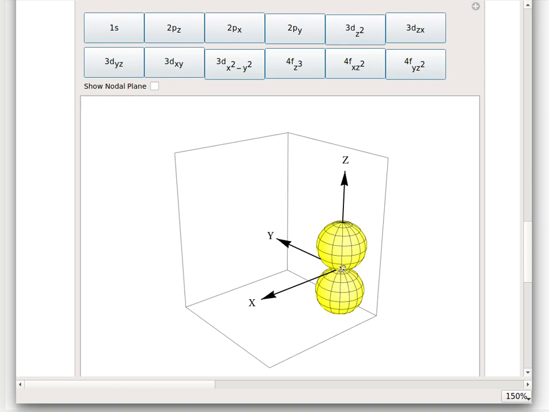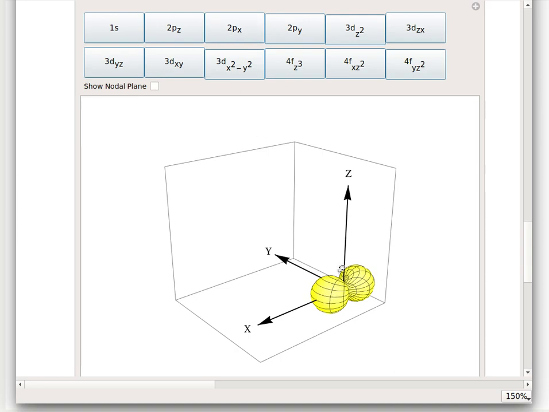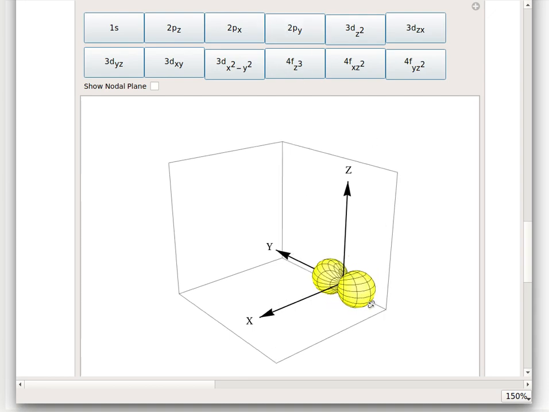So that would be kind of our 0, 0, 0 point on our Cartesian grid. And these lobes for the pz orbital are oriented such that the z-axis is pointing straight out the top of this little dumbbell shape. The px is oriented such that the x-axis is pointing straight out the top of the dumbbell. And then, of course, similarly defined for the y.